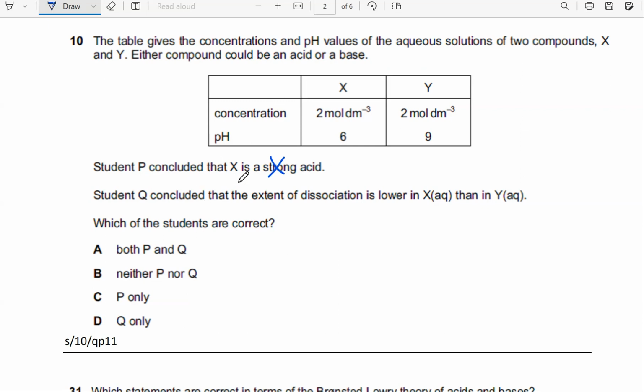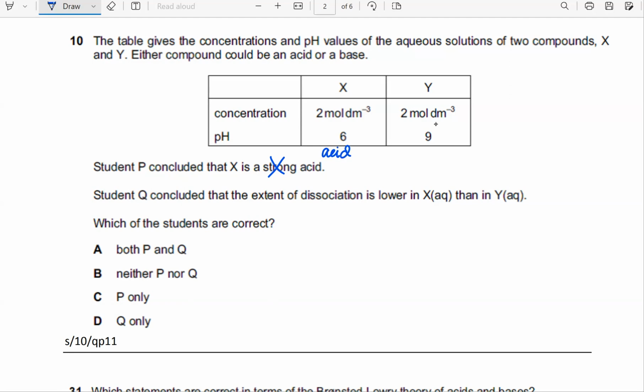And student Q concluded that the extent of dissociation is lower in X than in Y. Look at the pH, who's going to dissociate more? Who's stronger? X. Why do you think X is stronger? Because it has a lower pH. Well, X is an acid, right?